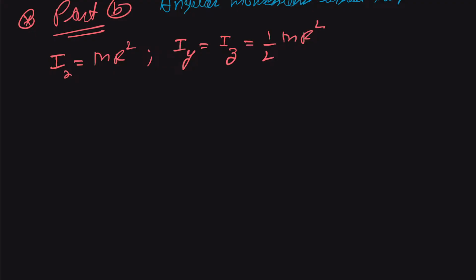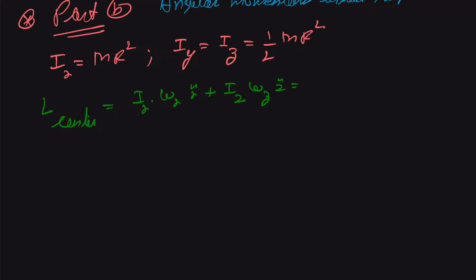So we get the angular momentum about the hoop's center will be equal to I of x multiplied by omega of x, x unit vector, plus I of z, omega of z, z unit vector.